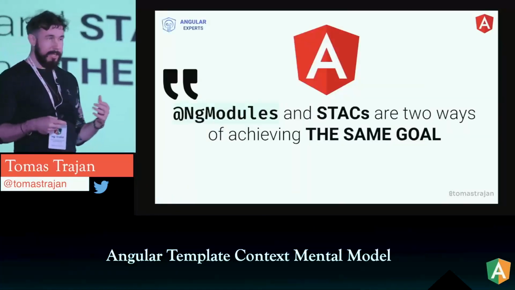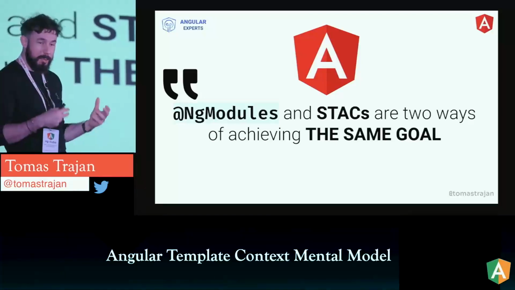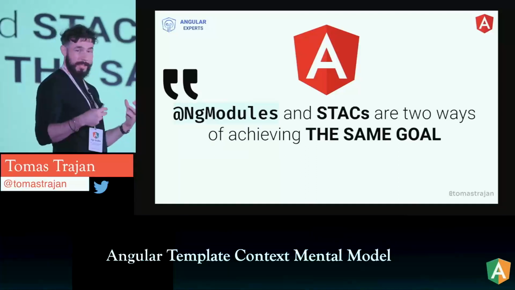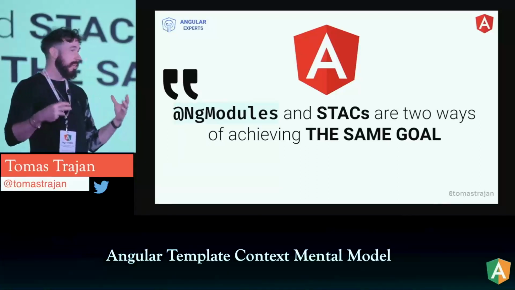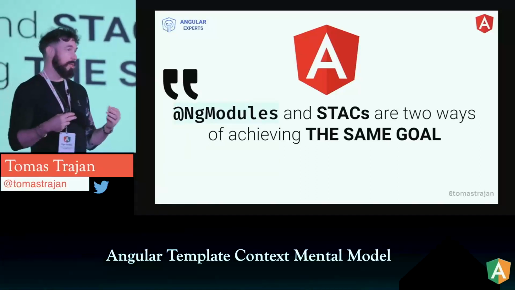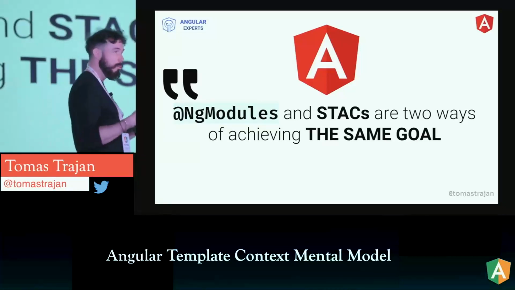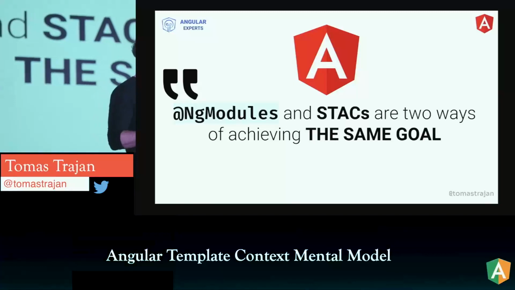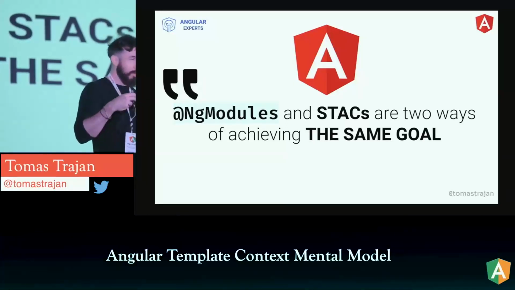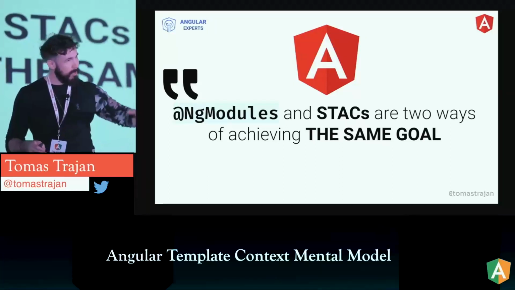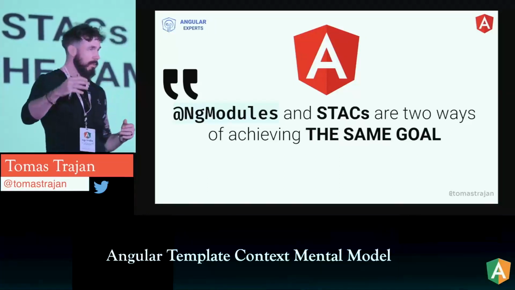Great. So I hope you could see that ngModules and standalone components, or standalone APIs, are basically two ways of achieving exactly the same goal, which is that we have to provide Angular with the information of what we are using in the template. Angular currently cannot figure it out by itself. We actually have to tell Angular, in this template we are going to use this, and in that template we are going to use that.